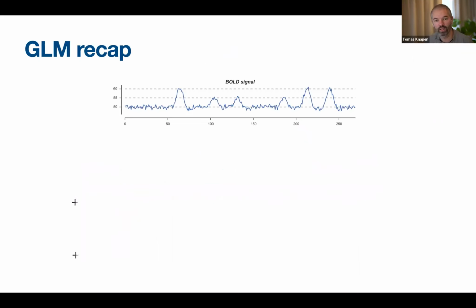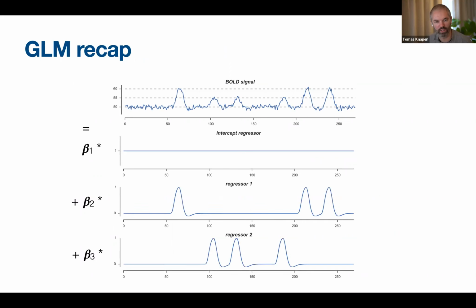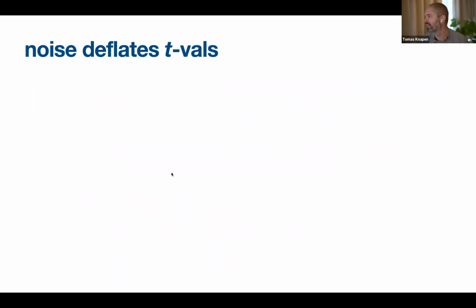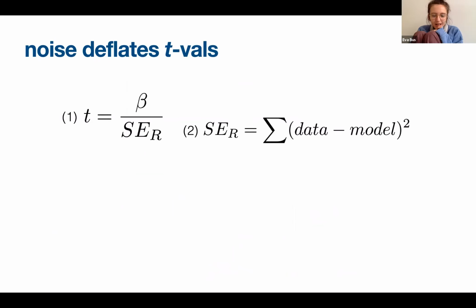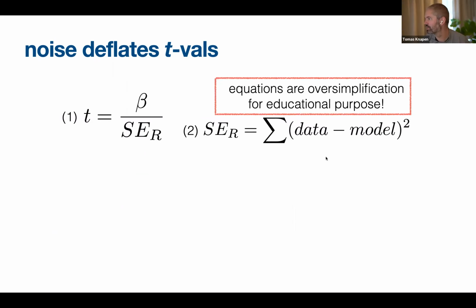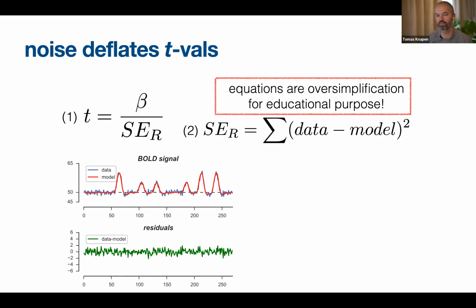Yeah, that's a good point. So let me make that clear. Oh, I'm in the wrong slide. Sorry, I missed the chat window completely. In any case, how are data and model different? Well, in the GLM that we did, we had these different regressors, different time courses of a possible signal, and we fit those to the data.